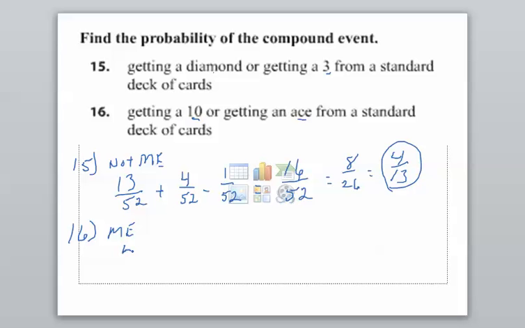So we've got a 4 out of 52 possibility for getting a 10, and we've got a 4 out of 52 probability of getting an ace, and so we would have an 8 out of 52, and this reduces down by 4s, and I would get a 2 out of 13. That would be my probability of getting both those two. Okay?